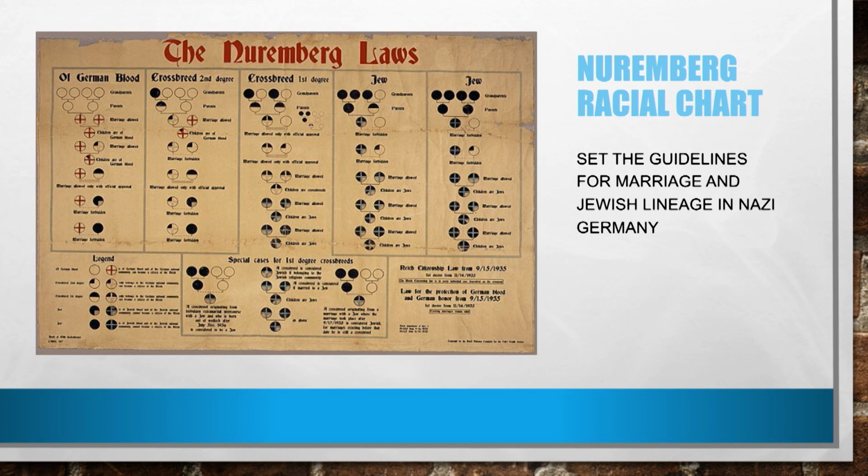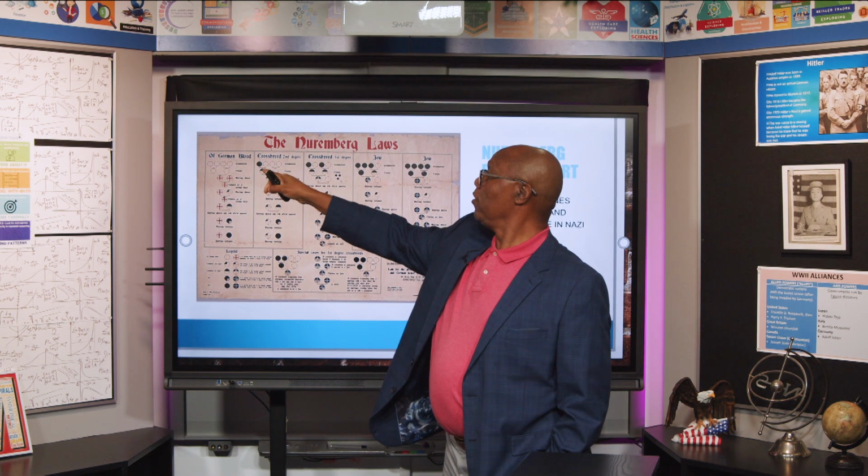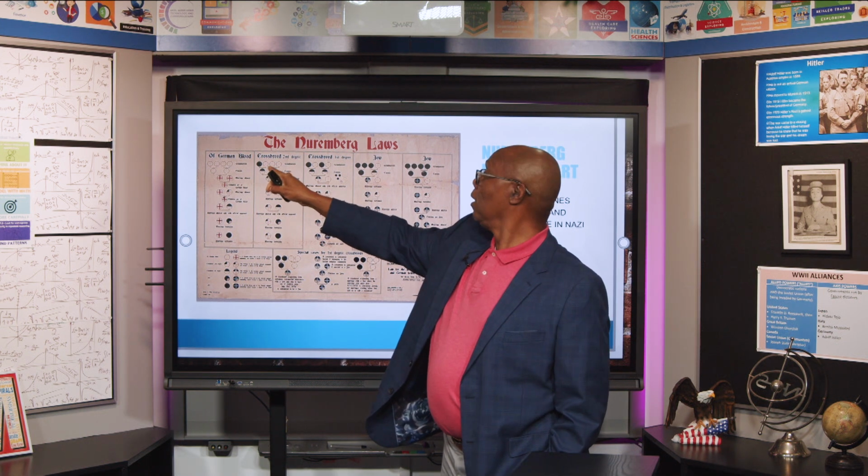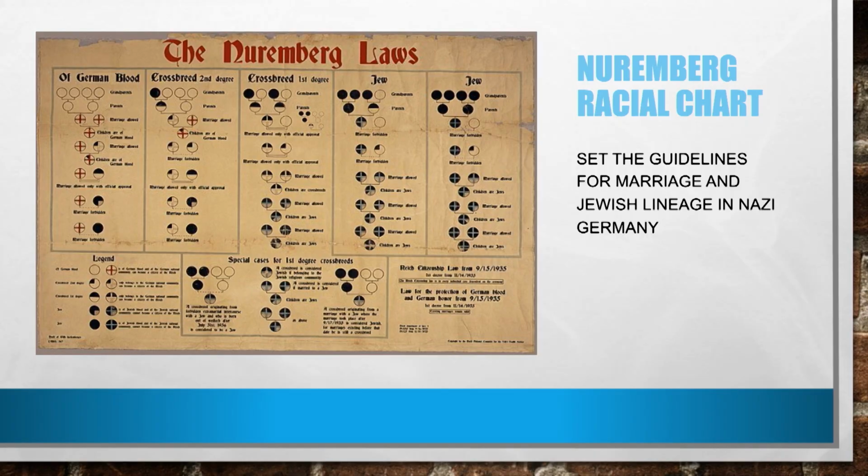To give you a good example, if one grandparent was Jewish and the other grandparent wasn't Jewish, their child would be half Jew. But if you had two grandparents over here that were both German, that means your parent would be German.